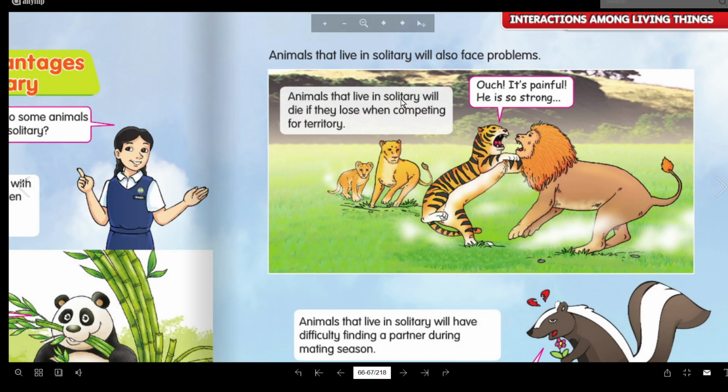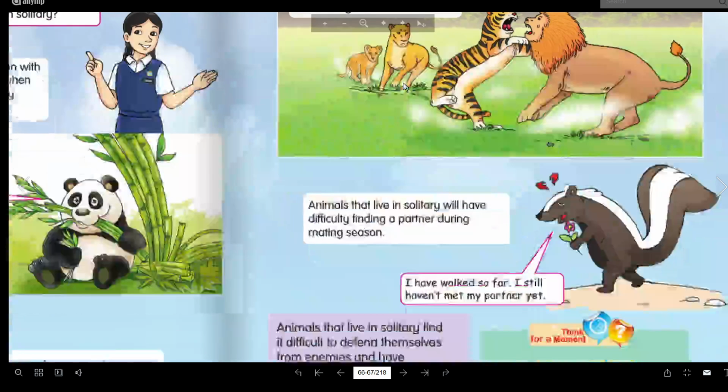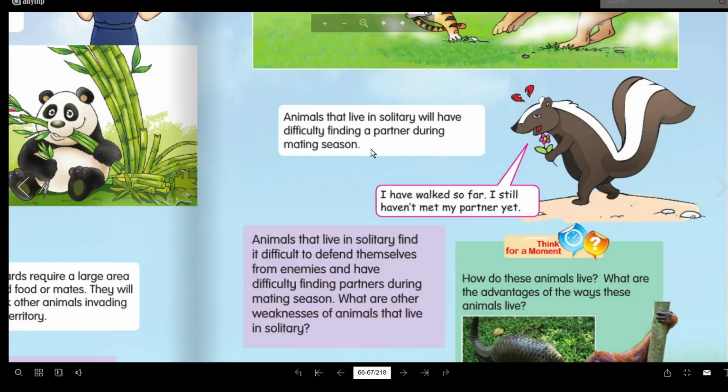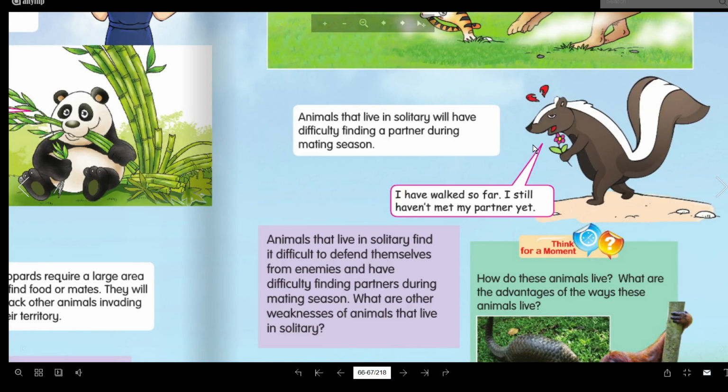Animals that live alone will die if they lose when competing for territory, right? Like here, tiger and lion, they are fighting for the territory. Then he says, ouch, it's painful. He's so strong. Animals that live in solitary will have difficulty finding a partner during mating season.